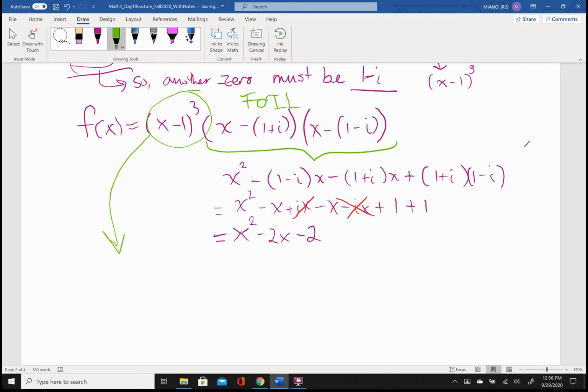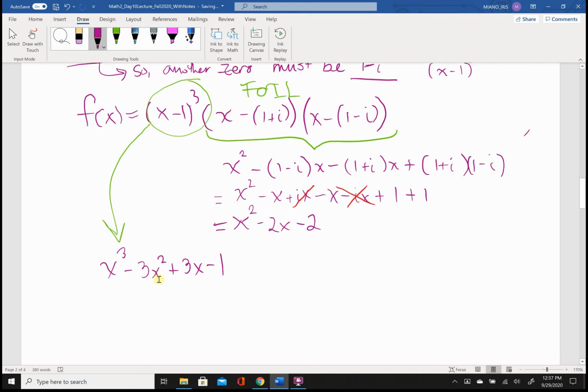So I'll just cut to the chase here and say that this multiplies out to be x to the third power minus 3x squared plus 3x minus 1.